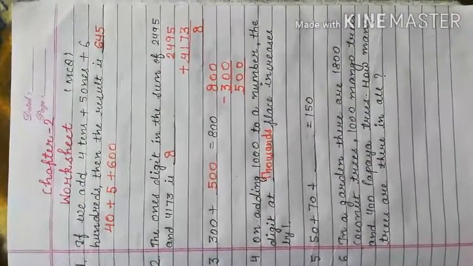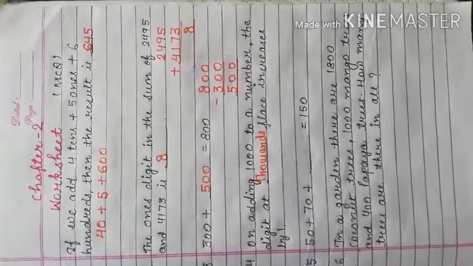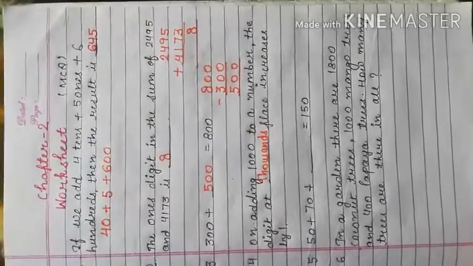So we will just tick the option that is having thousands.